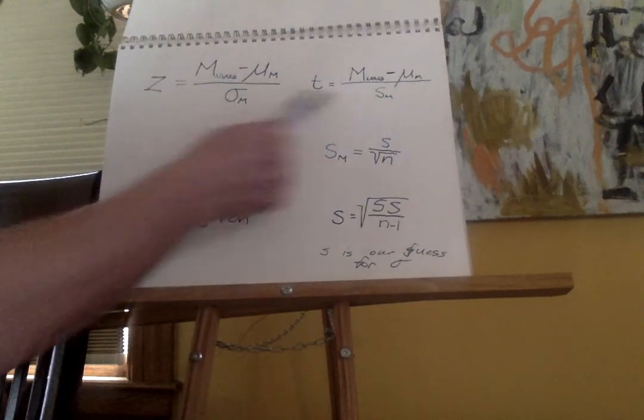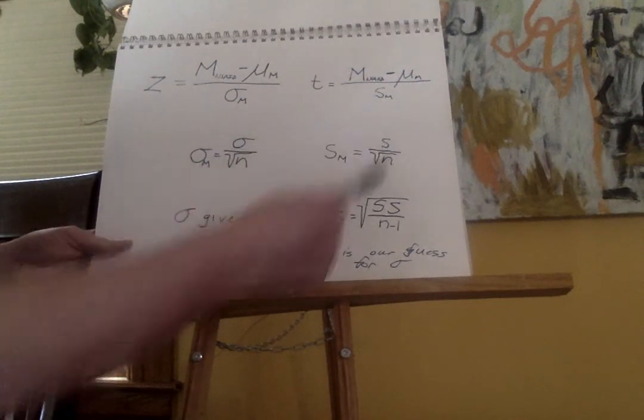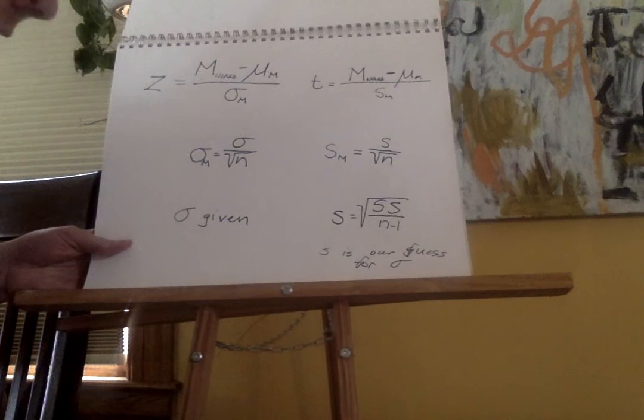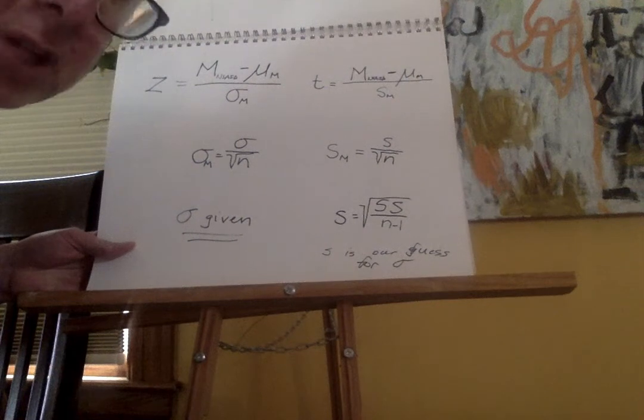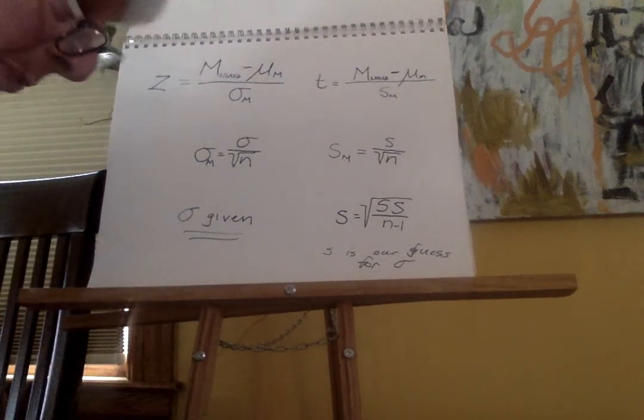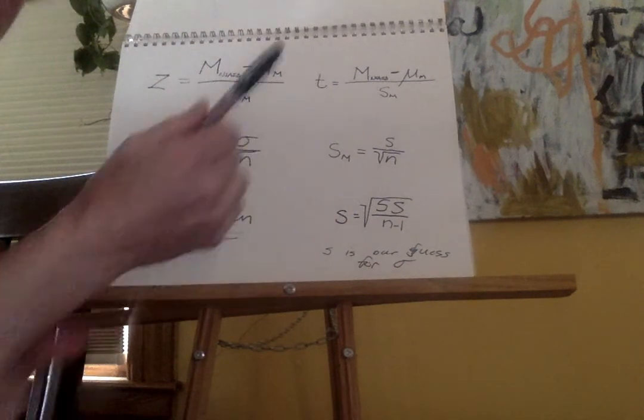So sigma sub m, S sub m. Sigma, S. This is when sigma is given. This is when we don't have it. And it's much more common in research that we're not going to be given it. So this is a much more common statistic.